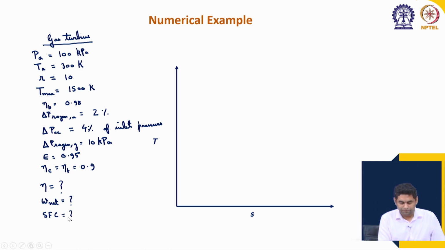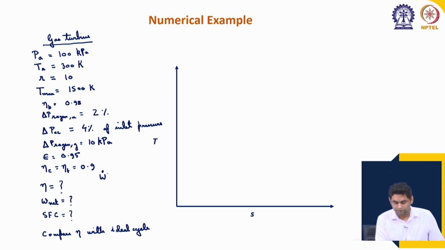We also want to compare the efficiency with the ideal cycle, and if it is stated that the turbine will generate a power of 50 megawatt, we want to know what is the mass flow rate of air through this turbine. So, this also we need to find.